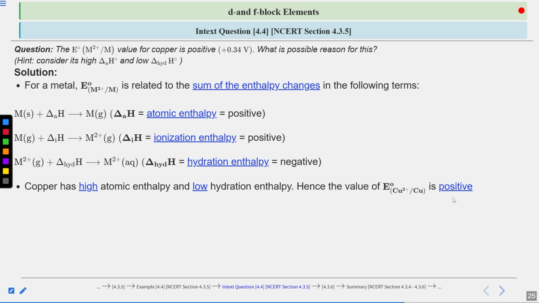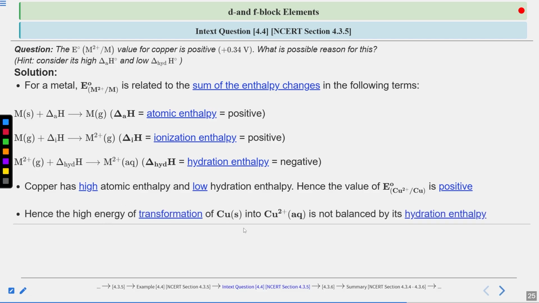It has high atomic enthalpy and lower hydration enthalpy, and the ionization enthalpy is also positive. The negative value is lower, meaning less negative, and the atomic enthalpy is higher. So the sum is positive, and the E naught value of copper 2 positive to copper is going to be positive.